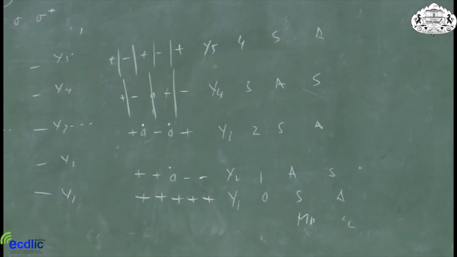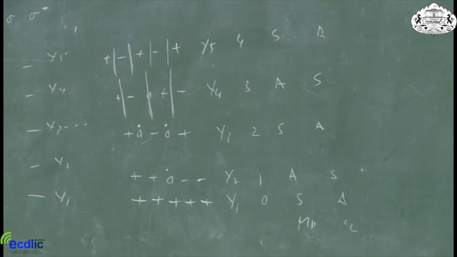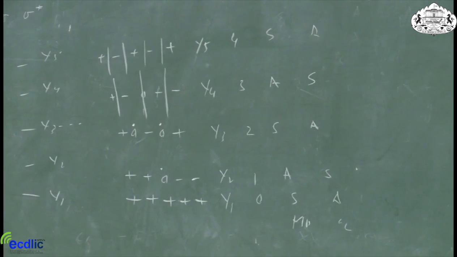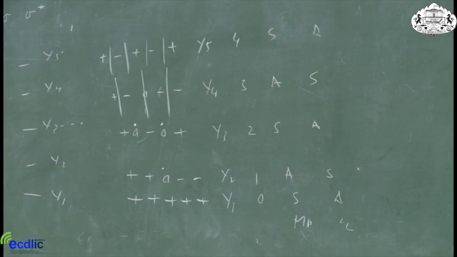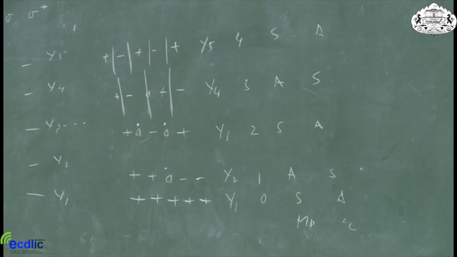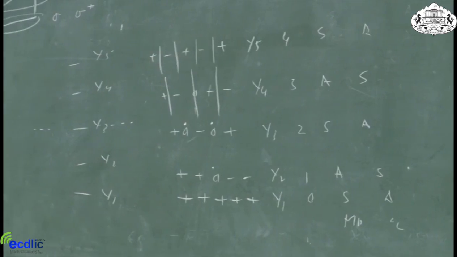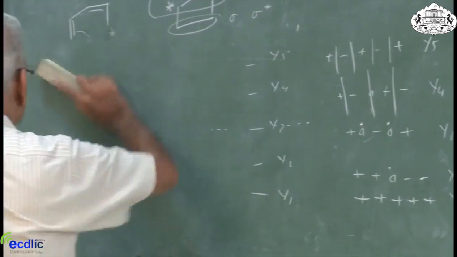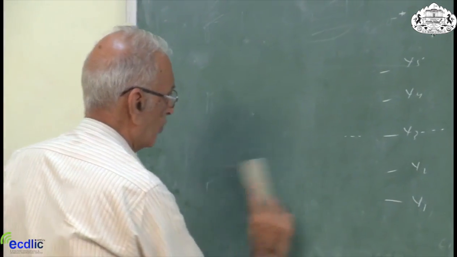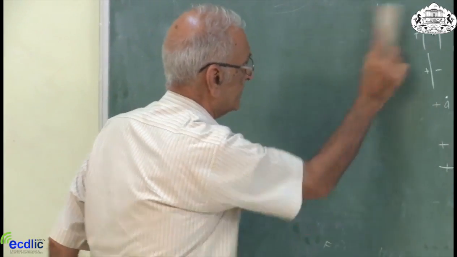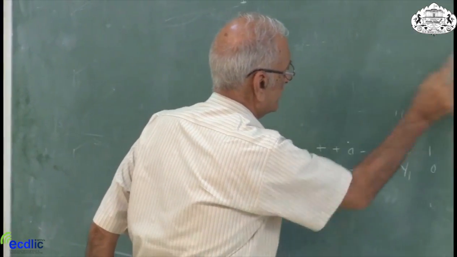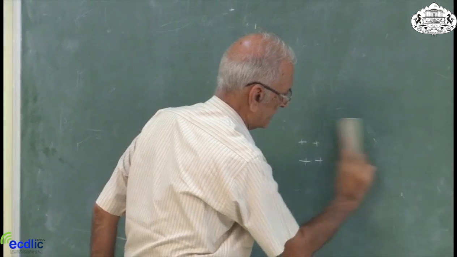So, on one side you will draw y1, y2, y3, y4, y5. On that side, sigma, x1, x2, x3, sigma star. Draw the picture and make the prediction. Okay. So, the theory is over. Now we are in the practice.